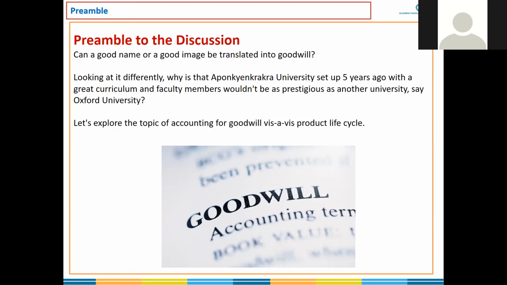You see, that is how goodwill is actually built. When you are doing something for a long time, you are building on it for a very long time, which we are going to look at when we are looking at the product cycle. You see that you are able to build goodwill along the line.